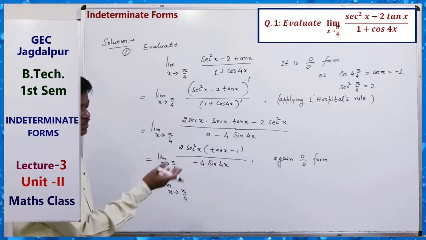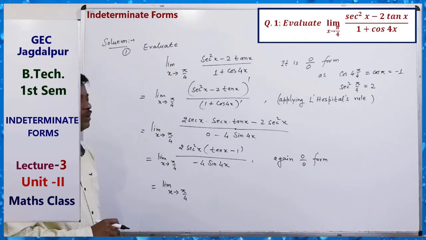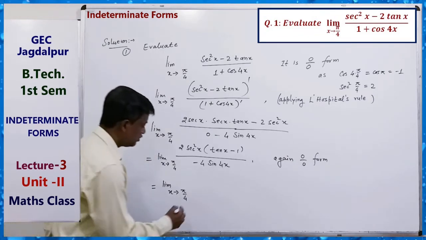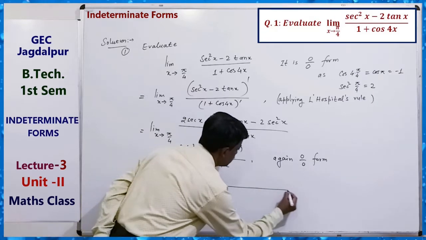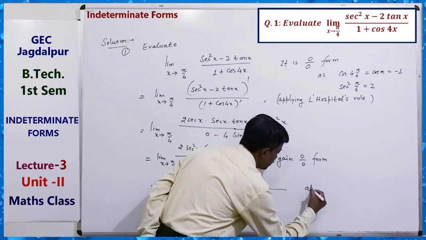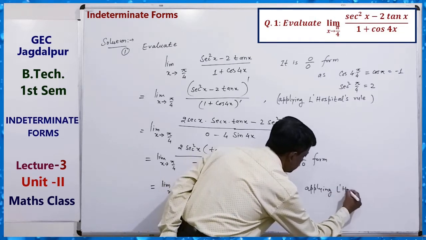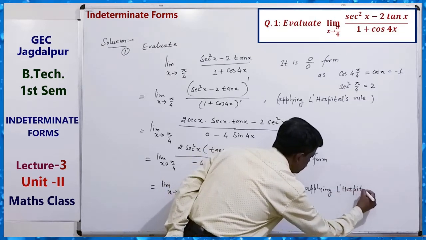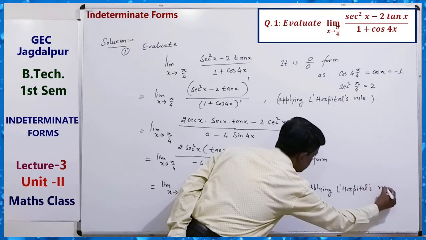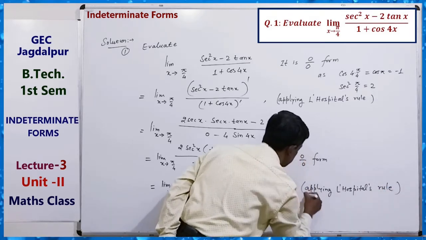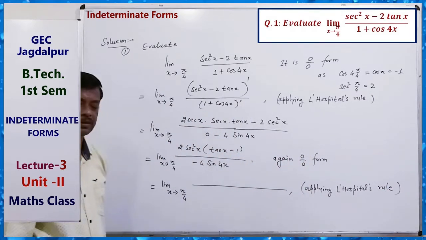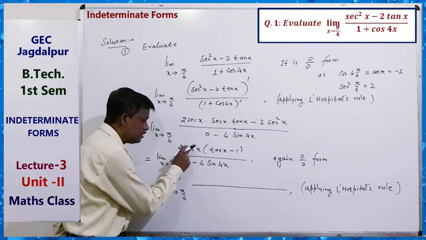So 0 by 0 form, just we can again apply L'Hospital rule. That means differentiate it.